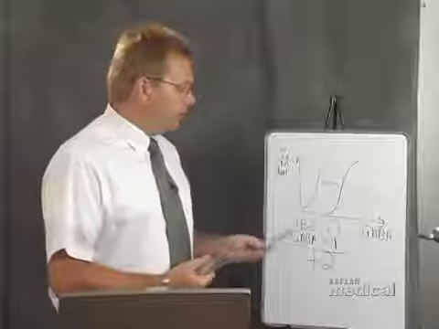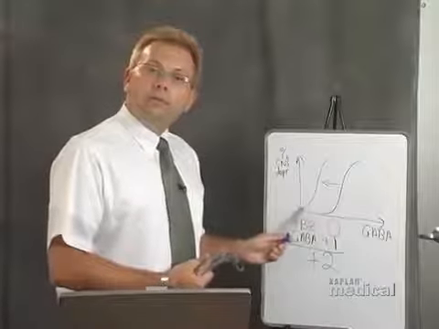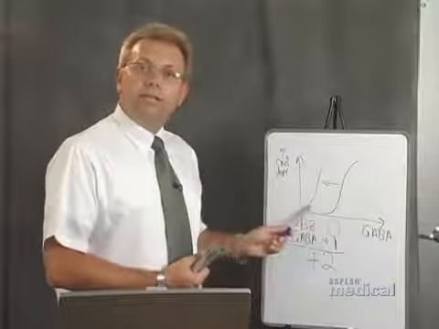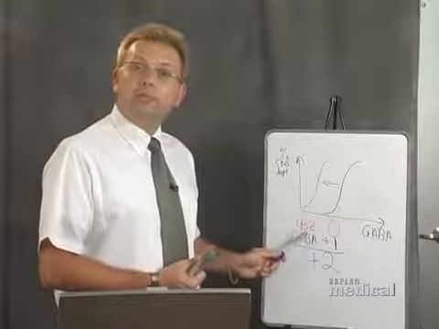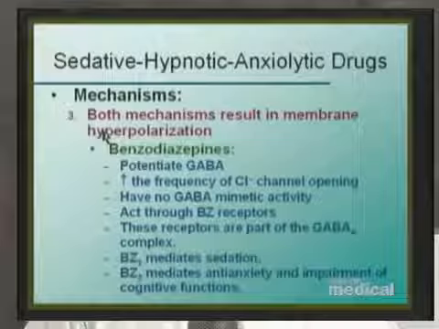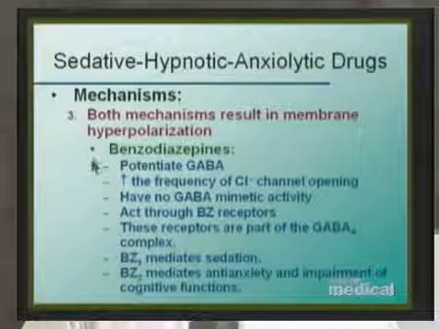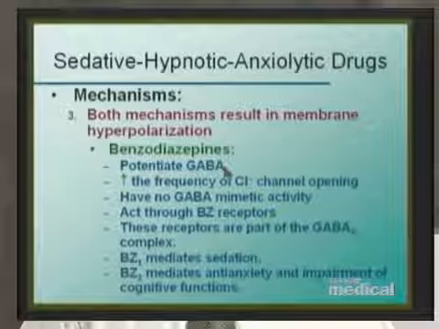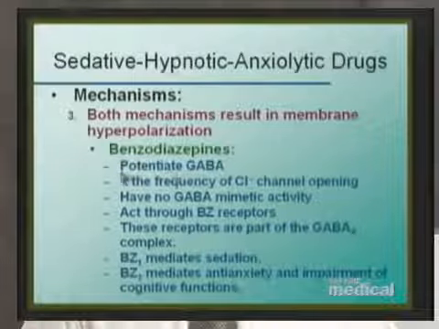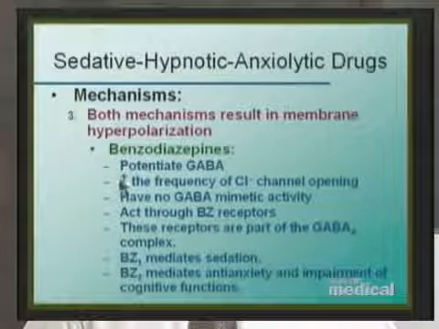Now, keep in mind the key point here. A benzo alone really does not open the ion channel for chloride. It requires the presence of GABA to do its job. This is why, if you look back at your text, when we say benzodiazepines potentiate GABA, what they achieve is to allow GABA to bind more often.